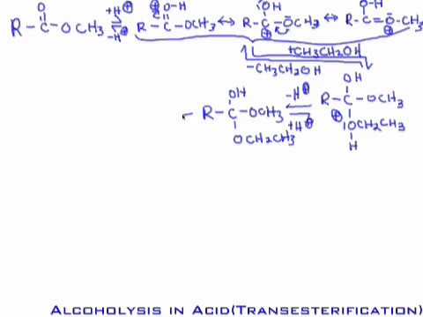And protons will go on and off. You could protonate the OH. If it leaves, you get a carbocation with a double bond to oxygen, which you can't deprotonate, so that doesn't happen. And protonation of the OCH3 leads to a good leaving group.